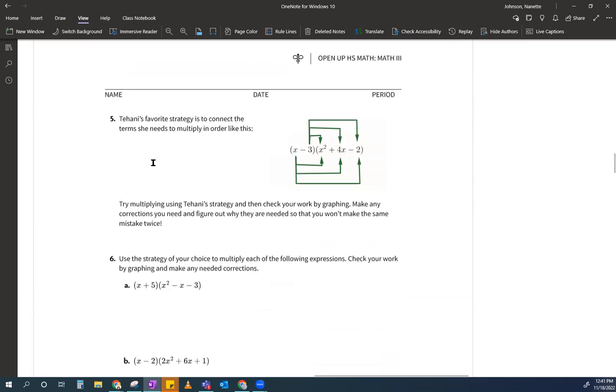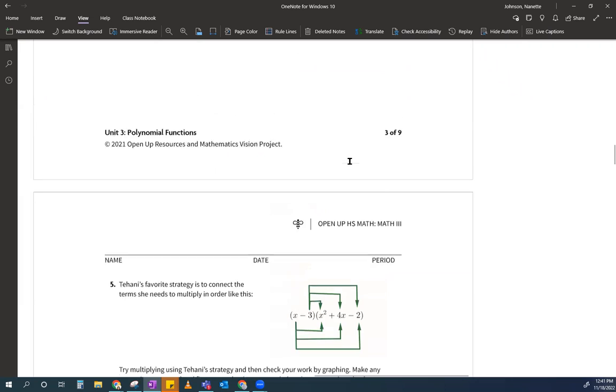Then we have Tahani's favorite. And Tahani's favorite is like distributive property. So x goes with x squared, x goes with 4x, x goes with -2. -3's turn. -3 goes with x squared, -3 goes with 4x, and -3 goes with -2. So really, this is just a different organization of the same thing.